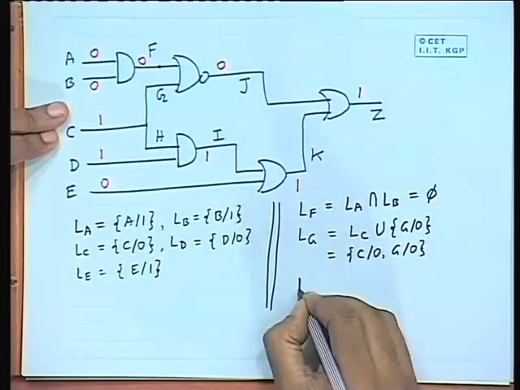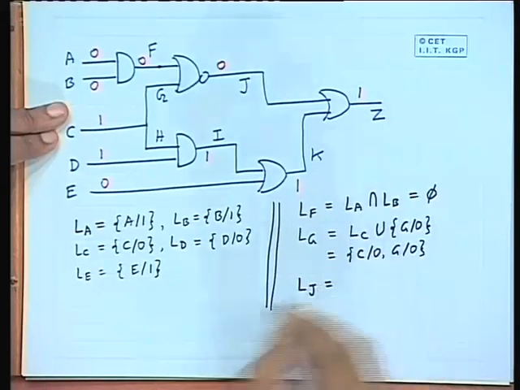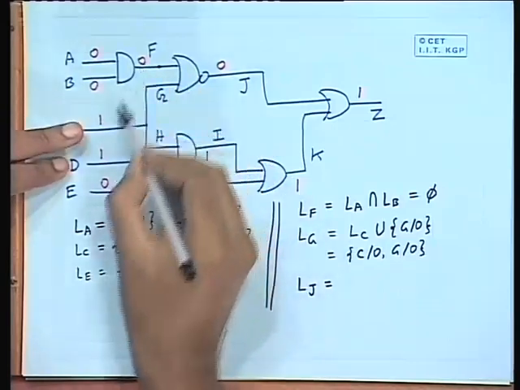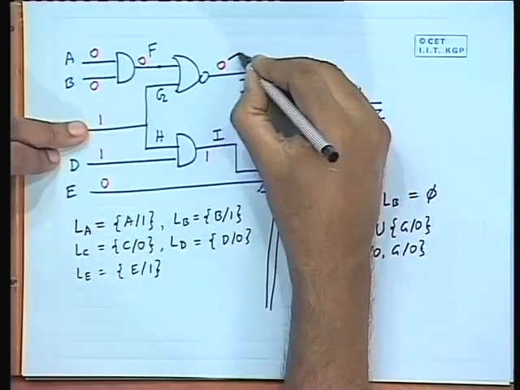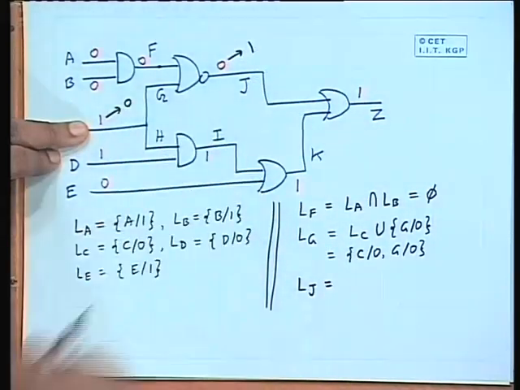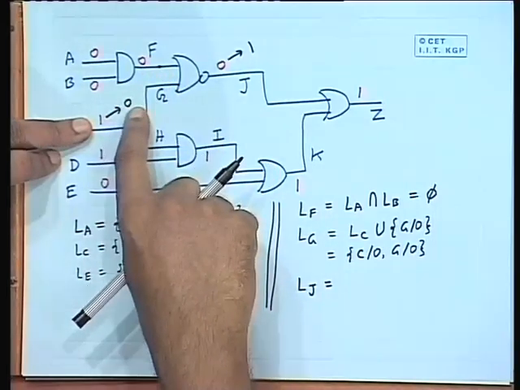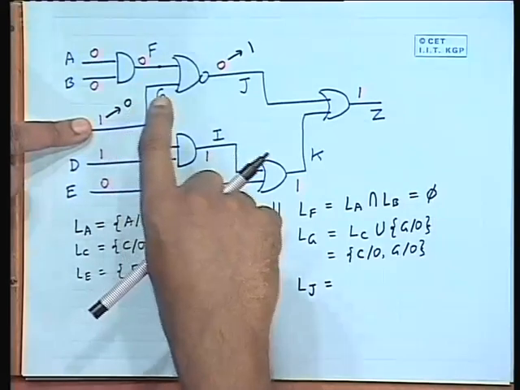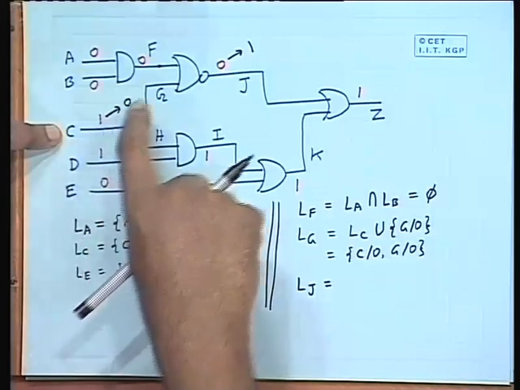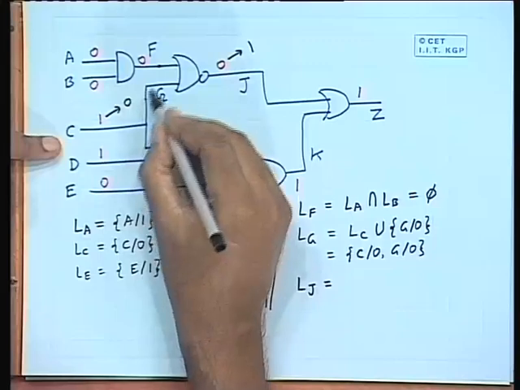Similarly, if you calculate LJ for example, what will be LJ? This is a NOR gate with one input at 0, other input at 1, 0. If you want to make it 1, you will have to make this into 0. So, this you can make it 0 by having a logic event here, sorry, G, not C, it will be G, logic event here and not having a logic event here.